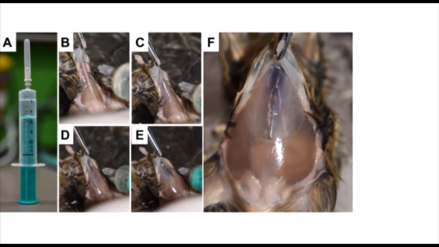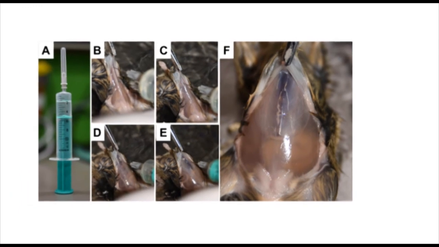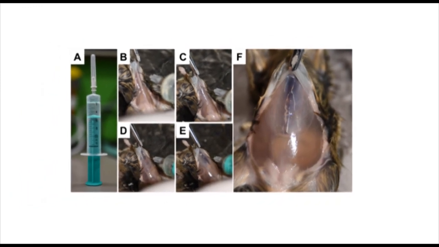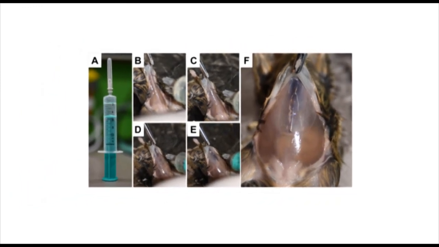Peritoneal fluid is then collected using a 25G needle attached to a 5 ml syringe by slowly moving the tip of the needle within the peritoneal cavity. This will prevent clogging of the needle with fat tissues and other organs.